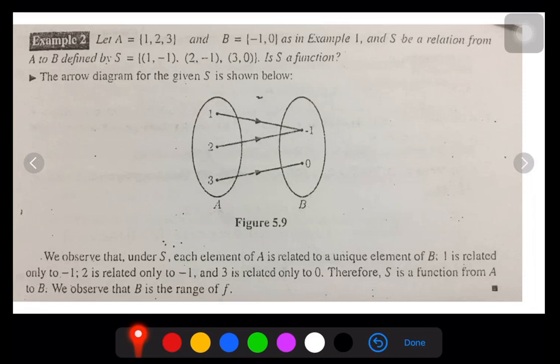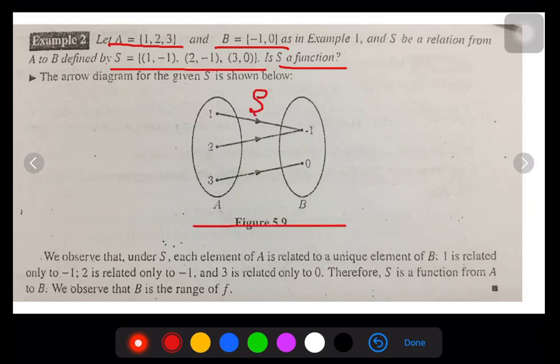Similarly, we take another example. Let A be {1, 2, 3} and B be {-1, 0}. And S be a relation from A to B defined as (1, -1), (2, -1), (3, 0). You have to find out whether it is a function or not. So S is defined here with this diagram.